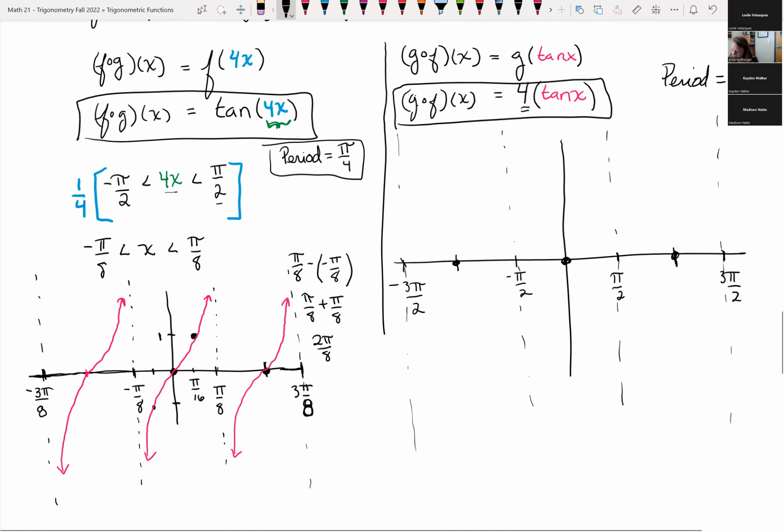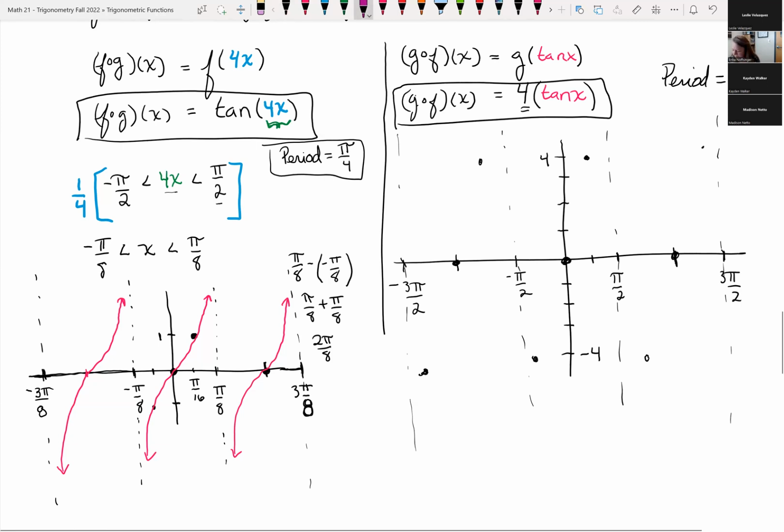And so here at pi fourths, normally we would have 1, but this time we have y equals 4. So we're vertically stretching it. And at negative pi fourths, we had negative 1, but now we're going to have negative 4. And so we got these important points so that we can see the shape of our graph.